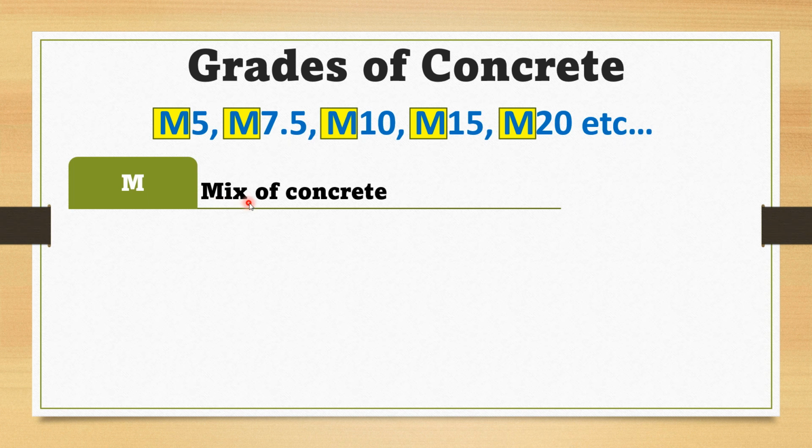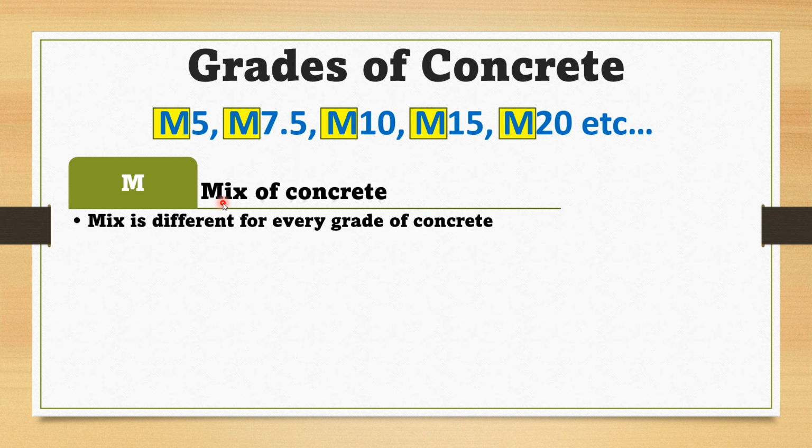So the mix ratio is the ratio of cement, sand and coarse aggregate: the parts of cement, parts of sand and parts of coarse aggregate required for the preparation of a specific grade of concrete.